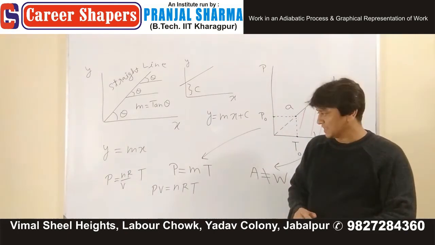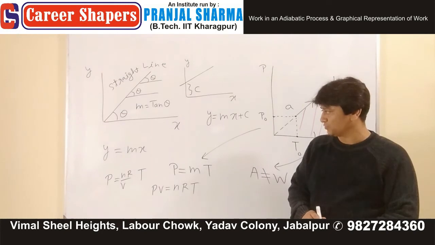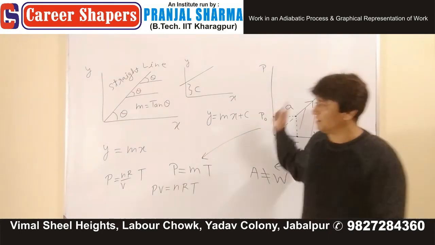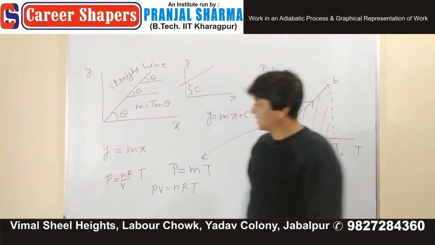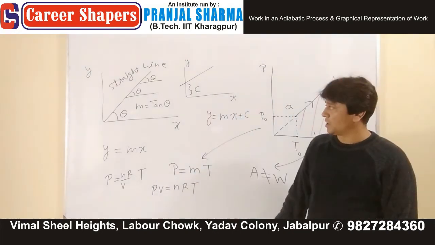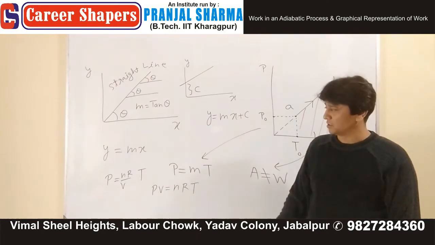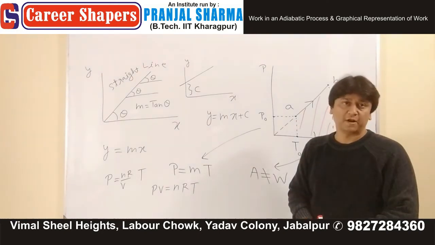You've got 10 seconds to answer the question now. What is work done by the system in this graph? Everything is on the board now. In 10 seconds you can answer the question if you are careful enough.